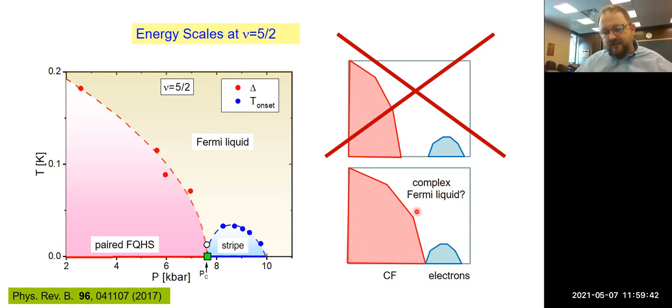We always think that the ordered states come out of a Fermi liquid, but then the question is, as you go down on this wedge towards the quantum critical point, you're going to be surrounded by a system that either asks you to use composite fermions to treat it, or requires you to think of electrons.